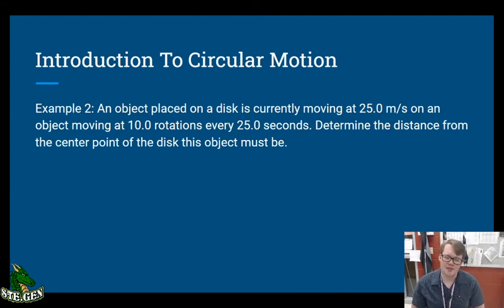Now, the wording on this is a little weird, but when we're talking about things in circular motion, if you have a circle that's like a gigantic one right here, but something is further inside of that circle, like it's only halfway across it, it's technically still making a circular path. The radius of that circle is just smaller than the radius of the full circle. So even if it says it's a 10 meter across disk, you can be standing 5 meters away from it.